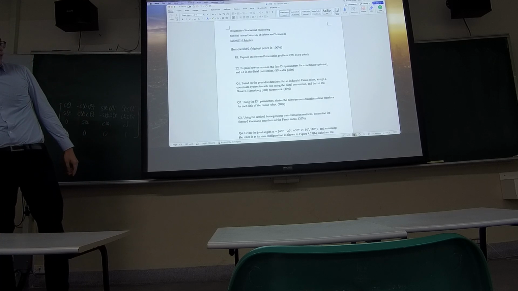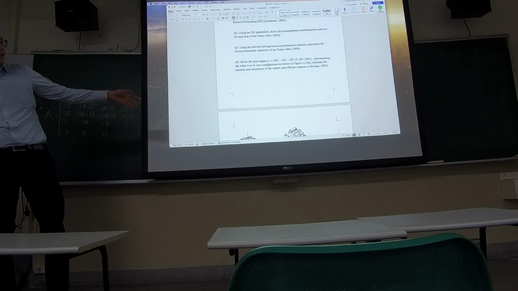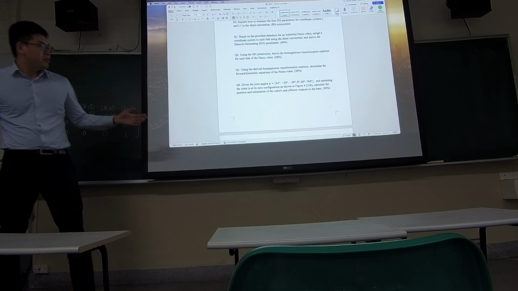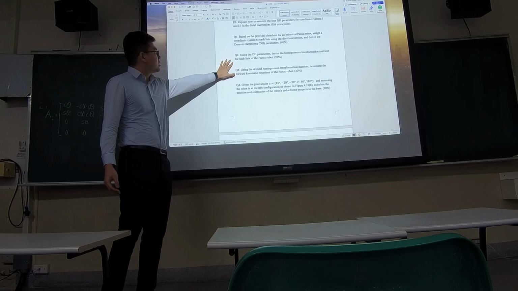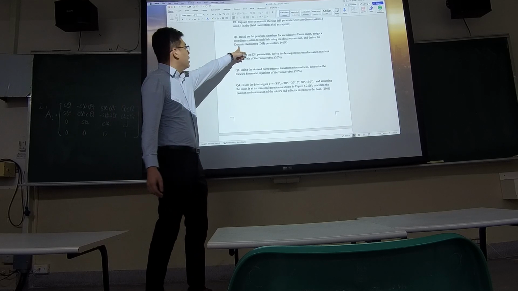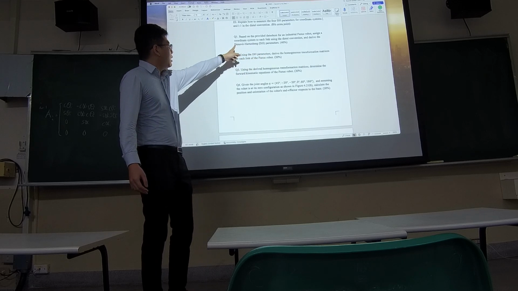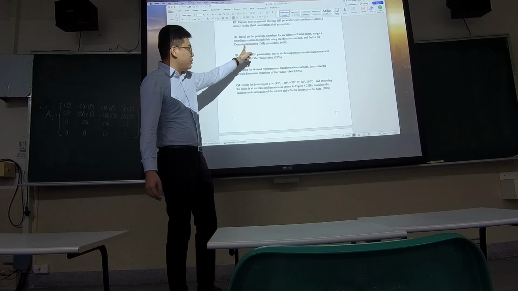Questions 1, 2, 3, 4 are the same. You just use the DH method to build up the transformation matrix for the robots. The first question is to derive the DH parameters, and you also need to show your coordinate systems.